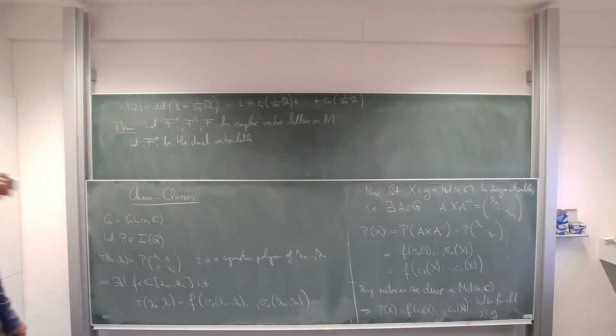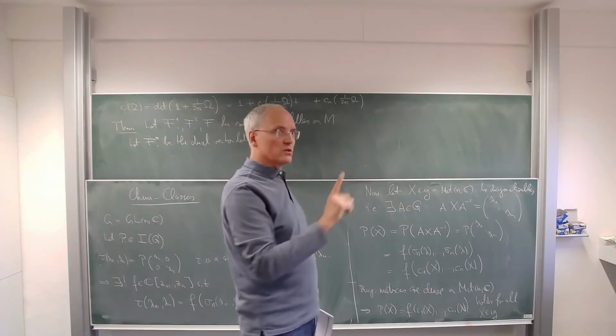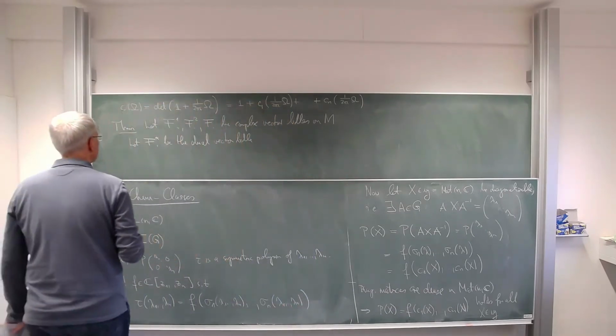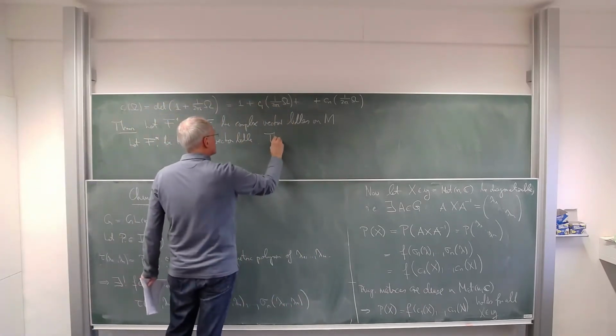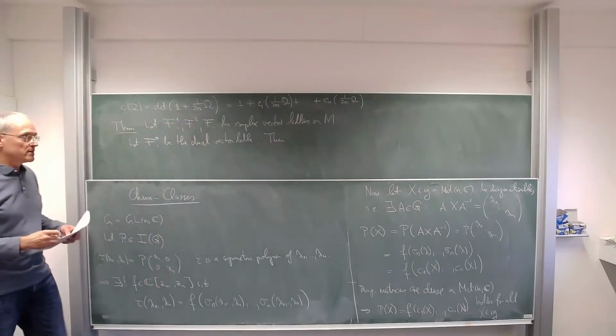So each fiber is replaced by the corresponding dual space. It's a smooth functor, so we can do that.